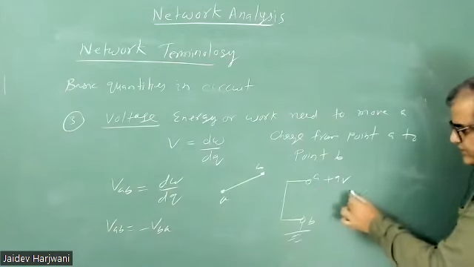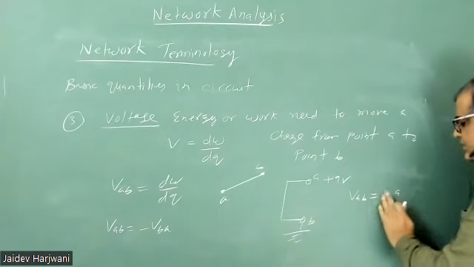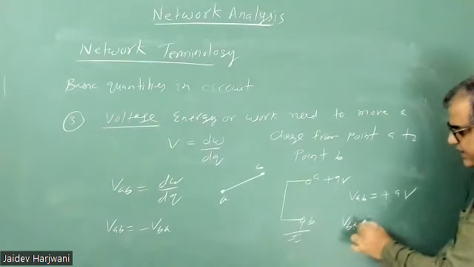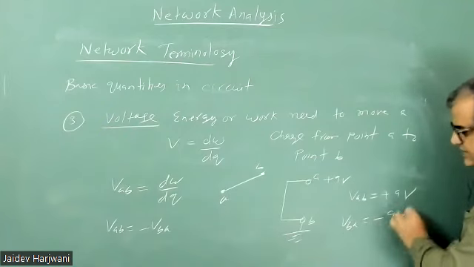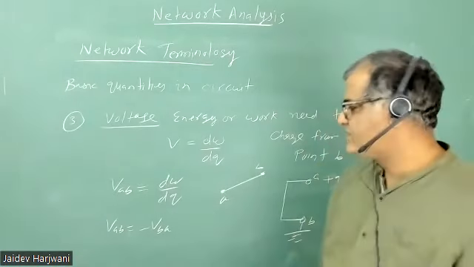So VAB is plus 9 volt, and VBA is minus 9 volt. So in the circuit VAB equals minus VBA.